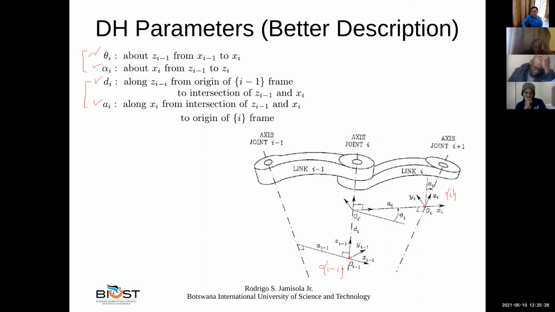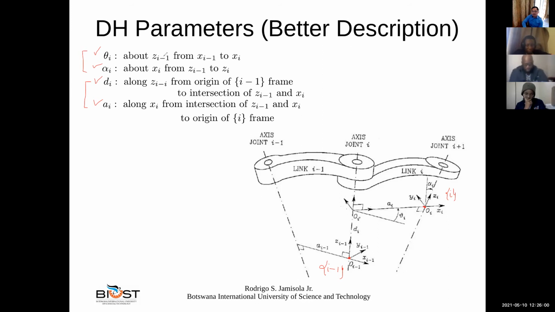The Greek letters define angles, the Hindu-Arabic letters define distances. So how do we define this? It says there theta I is the rotation. I just say about because I made this convention shorter so that you can easily imagine them. I'm the one who changed this description so that students can easily follow.